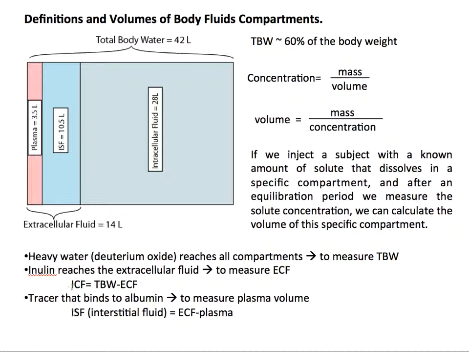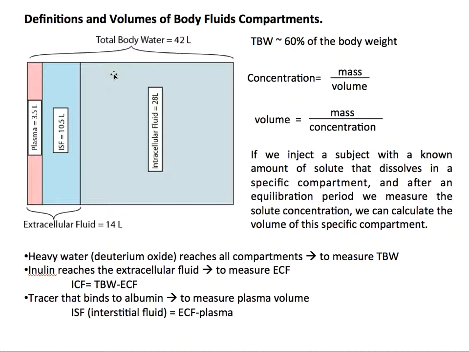The reason is that you cannot directly measure ICF and ISF, because you can't have a tracer that only permeates your ICF. Therefore, you have to figure out what your ECF is and then subtract that from total body water. To get your ISF, you have to figure out what your ECF is, and then plasma, and then subtract plasma from ECF. Then you can get your ISF.